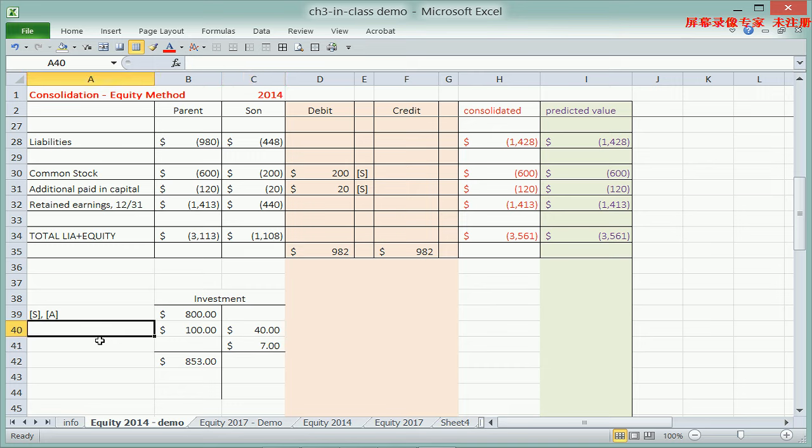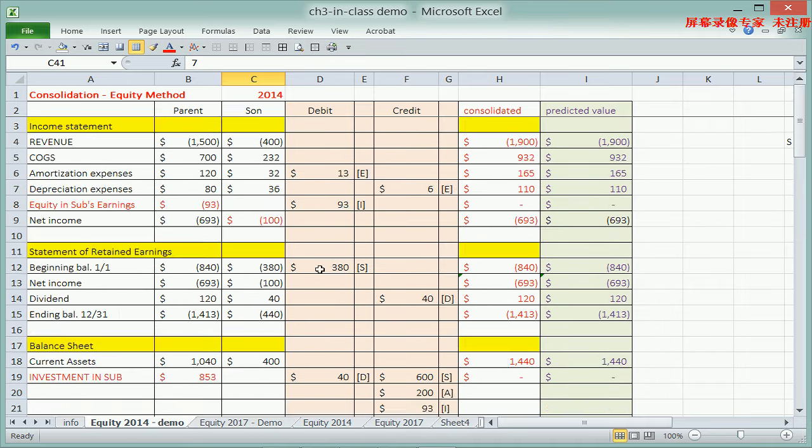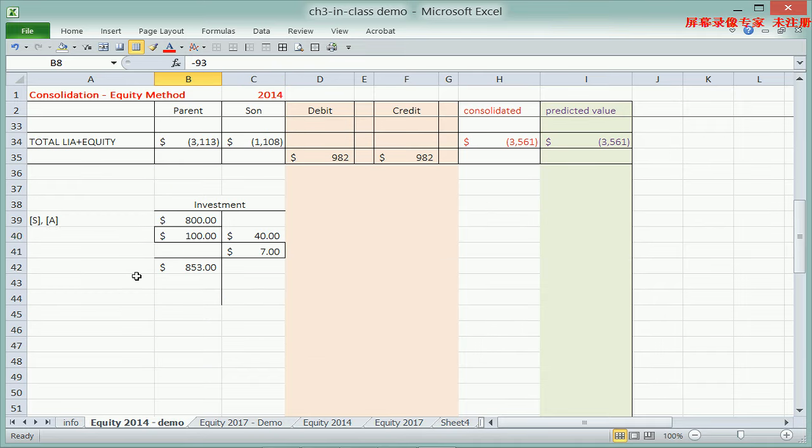So you basically eliminate this one and this one. 100 minus 7 is 93. You can see it's here. This is basically our I entry. I want to make it a specific number so that you know this is eliminated by the I entry, and this is eliminated by our D entry, right?